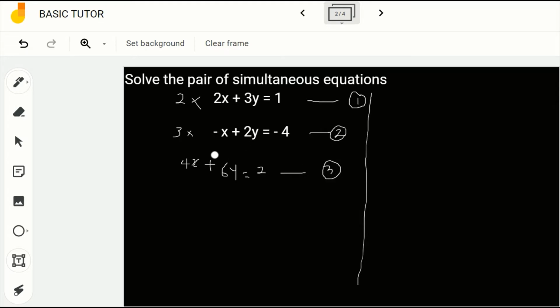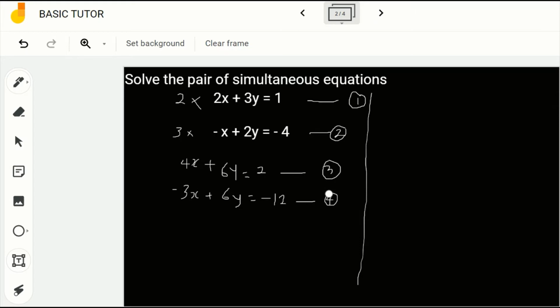For equation 2, 3 times minus x gives us minus 3x, plus 3 times 2y gives us 6y, equal to 3 times minus 4, which gives us minus 12. This gives us a new equation, which I call equation 4.